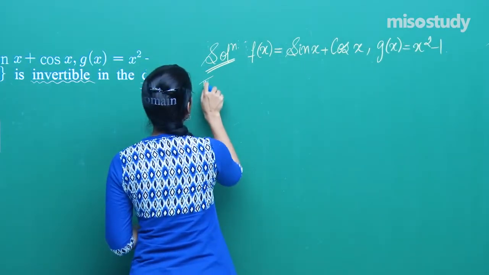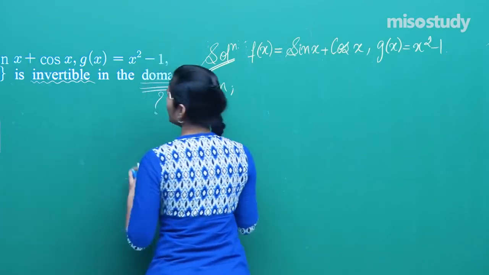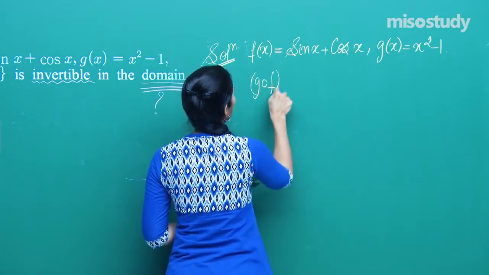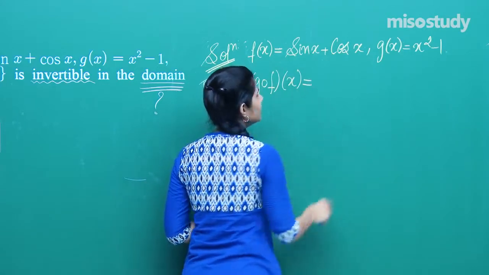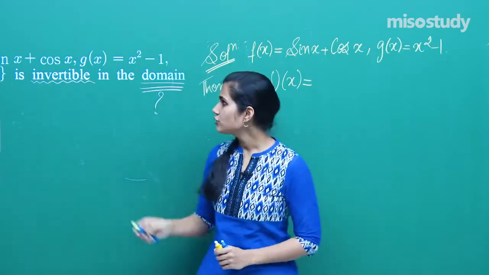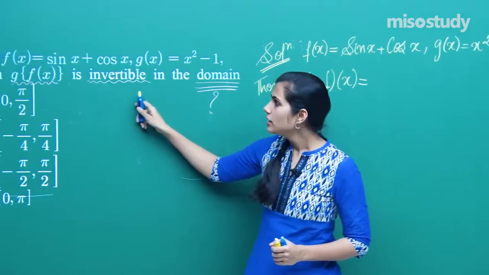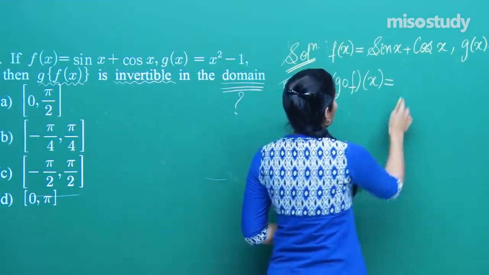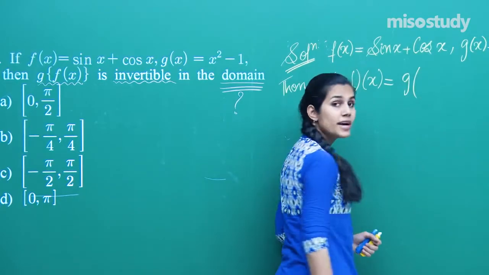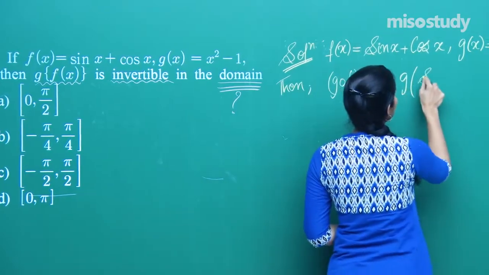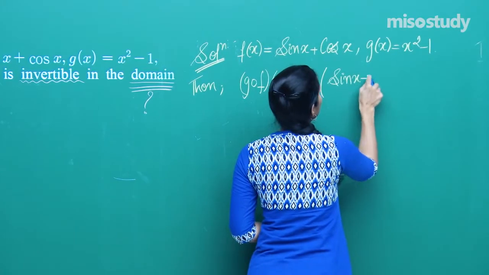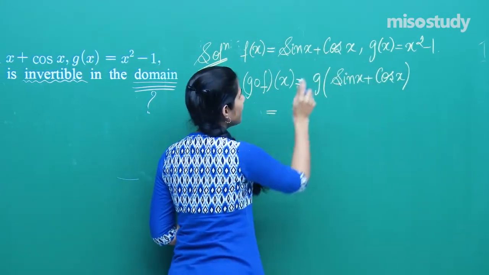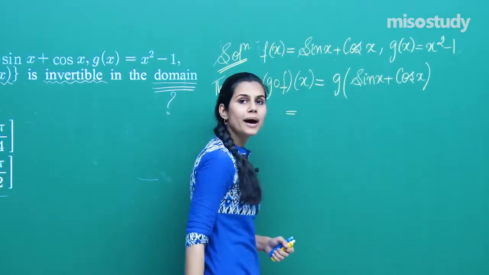Then the question is talking about the composition gof(x). In order to answer the question about where is it invertible, first let's see what is gof(x), which is g of f(x). f(x) is sin x plus cos x, and this is nothing but its square minus 1.